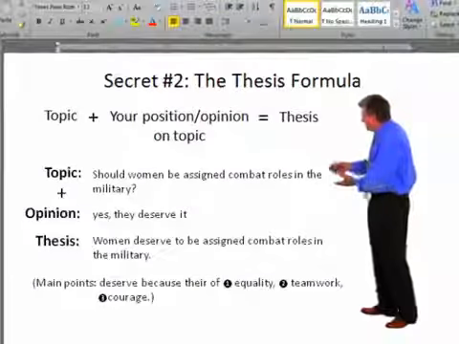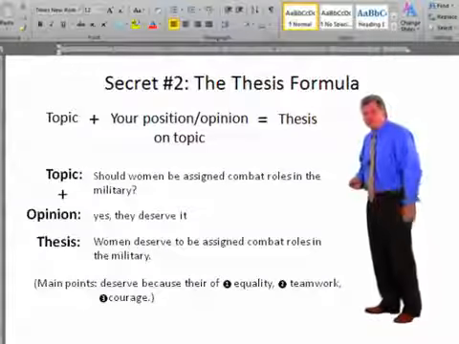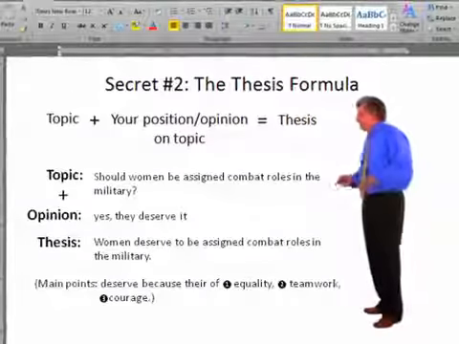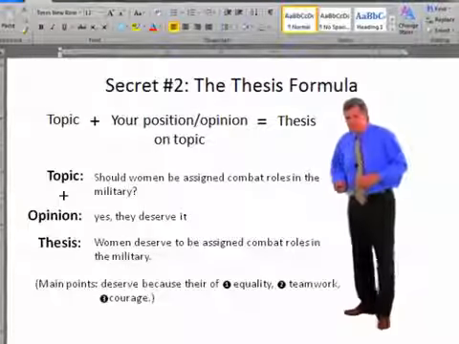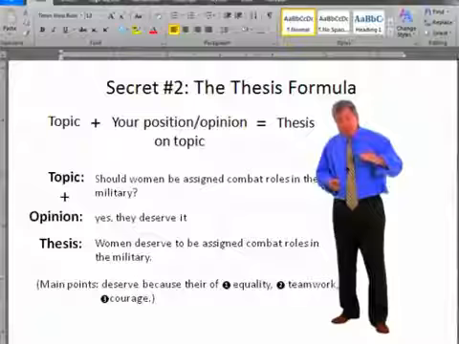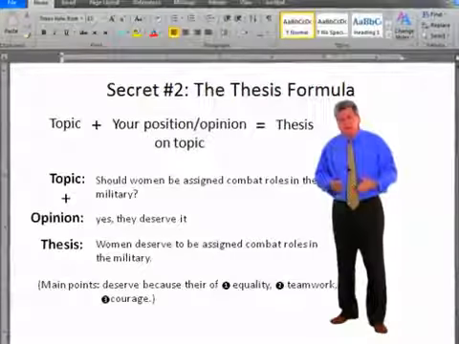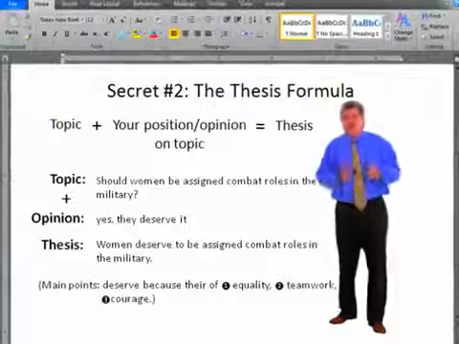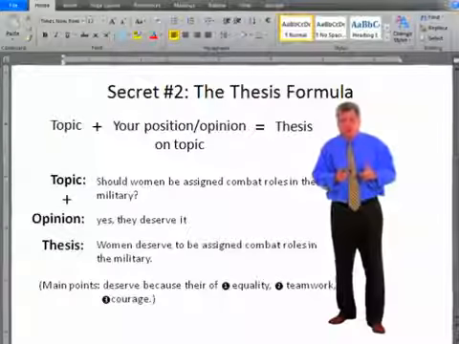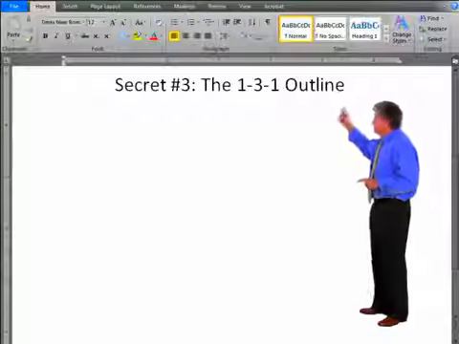They deserve it because of equality, because of teamwork, and because of their courage. So that's how it works. Now, for the thesis statement, it's a simple matter of adding the topic to your position into a single sentence equaling your thesis.